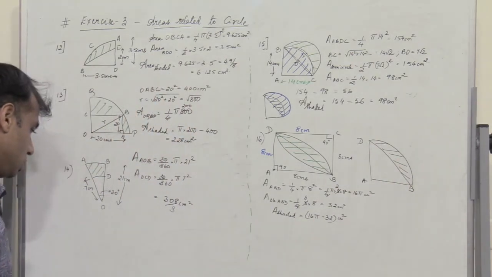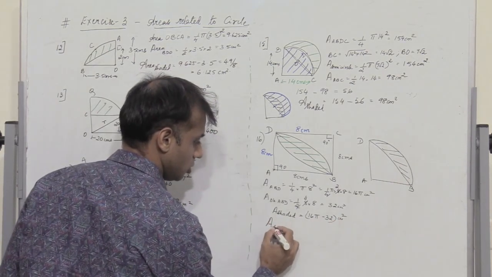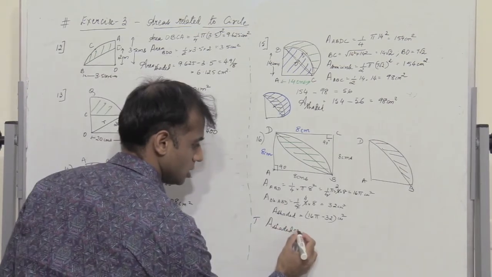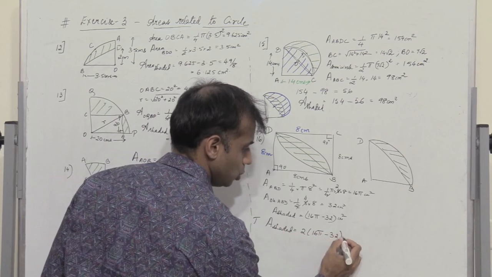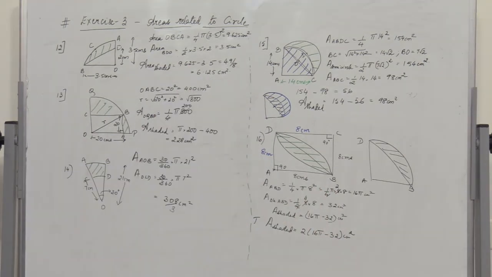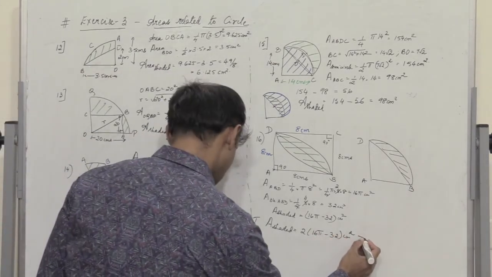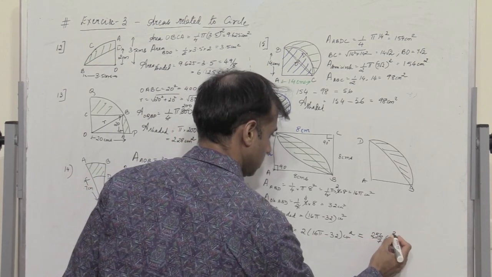So the total shaded area is just twice. So the total area of the shaded region is 2 into 16 pi minus 32 centimeter square. If we simplify this, we get the value as 256 by 7 centimeters square.